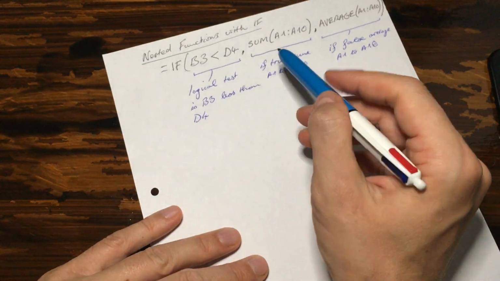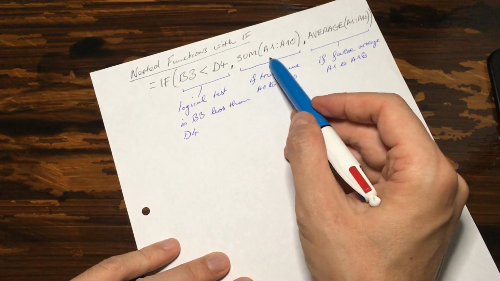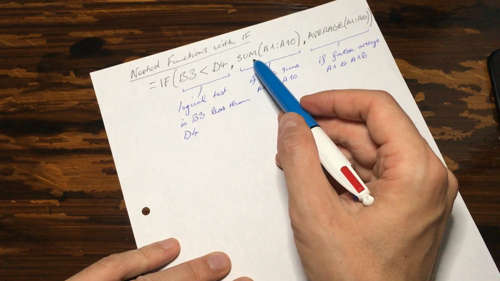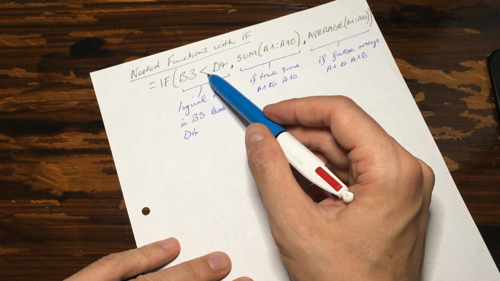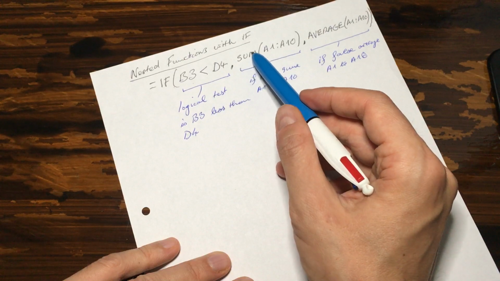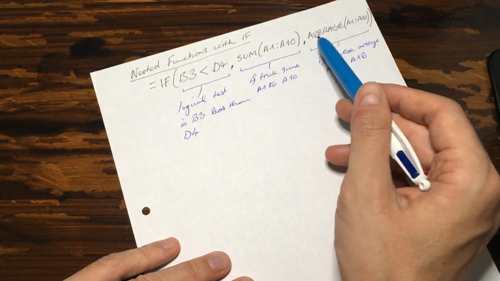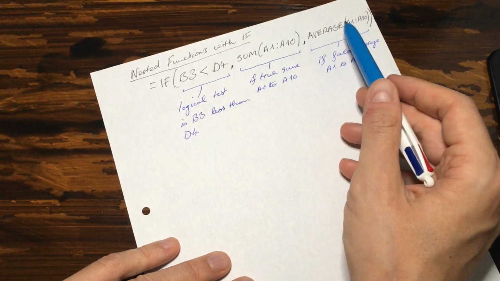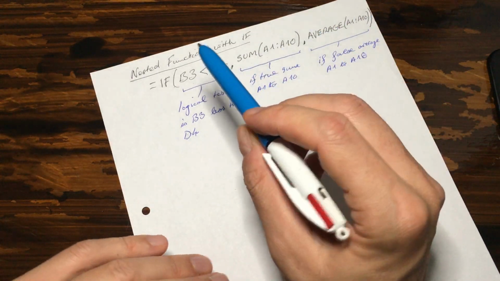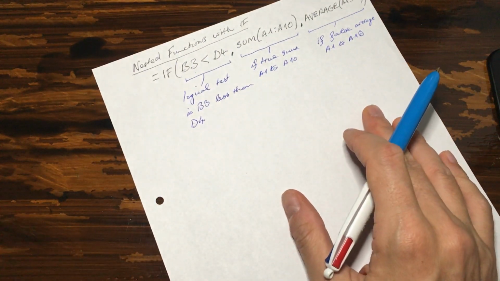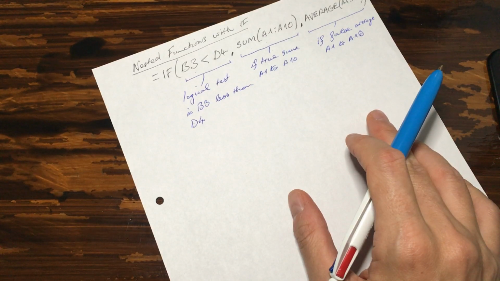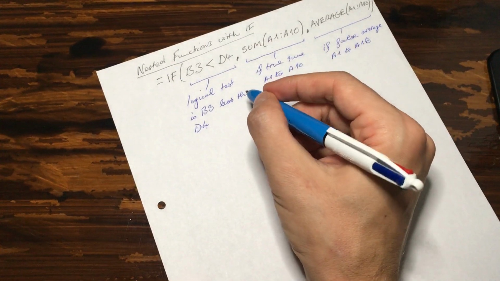Okay, now you can imagine you don't have to do functions, you could do formulas as well. So if B3 was less than D4, you could say B3 multiplied by D4, or you could say B3 divided by D4. You could do different things like that. The other one that we want to look at for an if as well is a nested if.